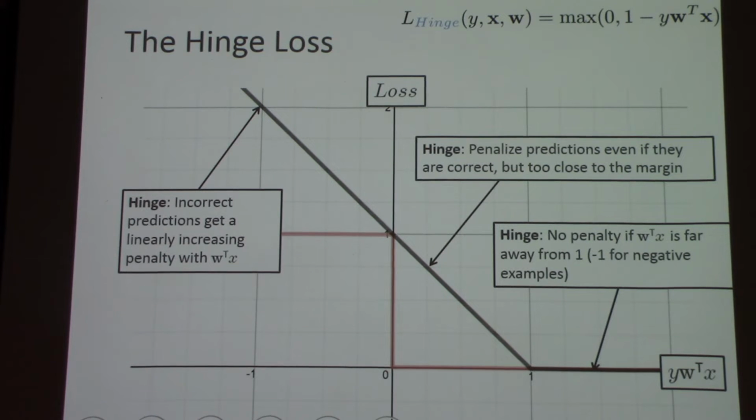If it's a mistake, you pay bigger penalties the larger your mistakes are. If you misclassify your point and put it much farther away on the wrong side of the hyperplane, then you pay a much larger penalty. And that's why it keeps going up all the way to infinity. Questions about the Hinge loss?